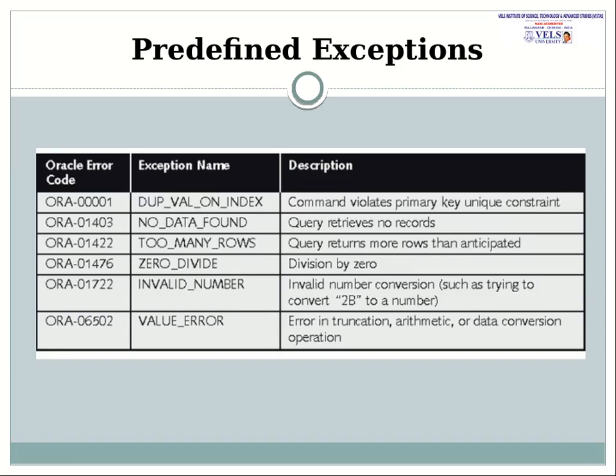And zero divide: if in your division part you divide by 0, it automatically throws the zero divide error. And invalid number: an incorrect conversion to a number automatically raises the invalid number exception. And value error, that is an error in truncation, arithmetic or data conversion operations.